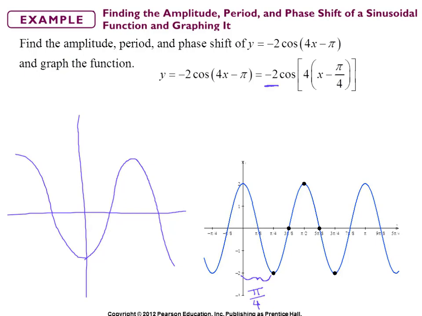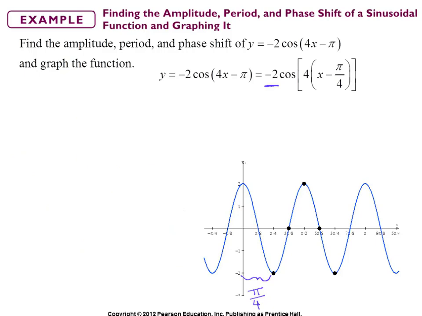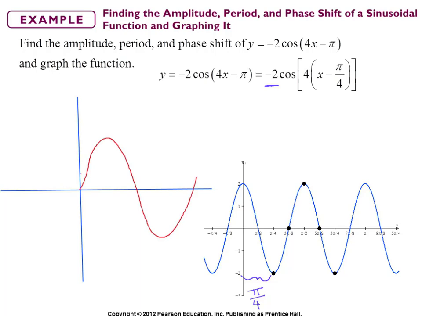Sure. So I have my normal graph. Remember, you have to understand what the normal graph looks like. So the normal graph of sine would look like this, right? Oh, sorry, we're doing cosine now.